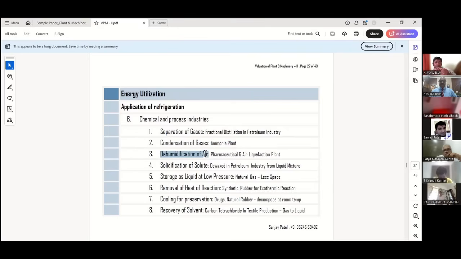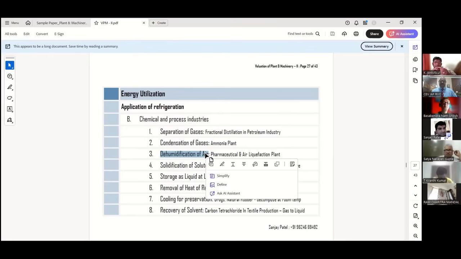Dehumidification of air in the pharmaceutical industries. Each and every pharmaceutical industry requires lower temperatures and low or required humidity. Otherwise, humidity will be absorbed by the product, and if it is absorbed, degradation will take place earlier. That's why in pharmaceuticals we use one machine to control or remove humidity.